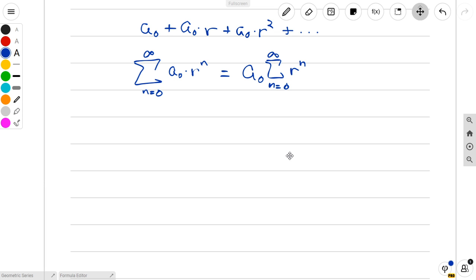All right? So let's consider a partial sum. Let's call it the nth partial sum.